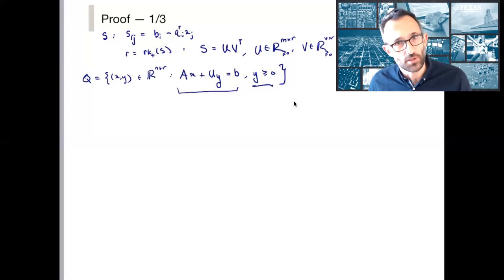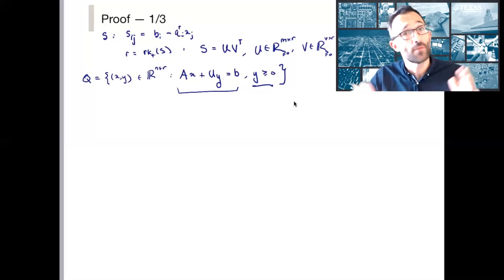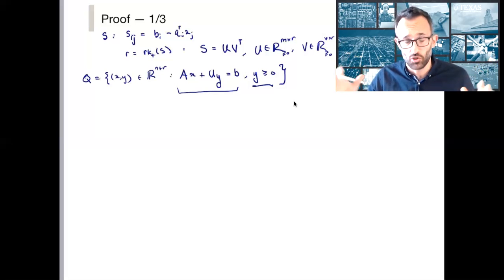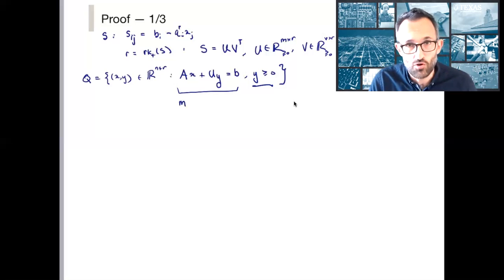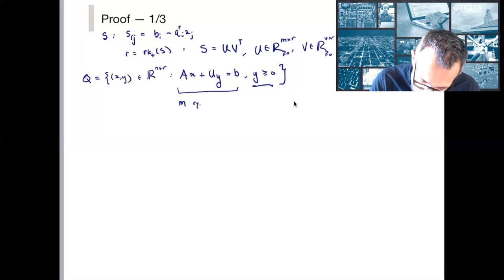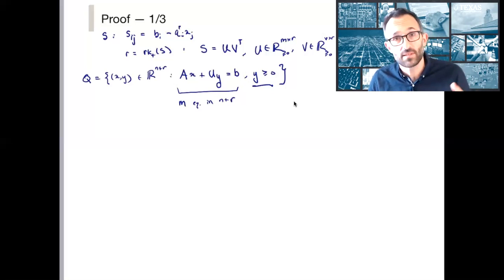But let me remind you that extension complexity is the number of inequalities. Because if you are given this description of Q and you have unlimited computational power, what are we guaranteed? Here we have M, which is a huge number of equalities, in n plus R variables, and we know, because Q is non-empty, that these have to have a huge number of redundancies.